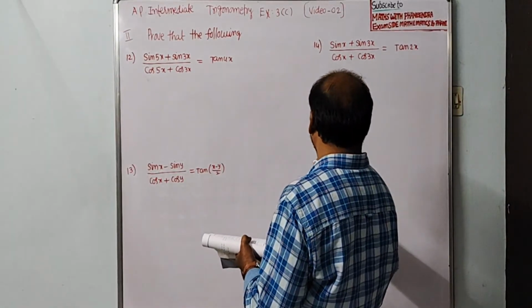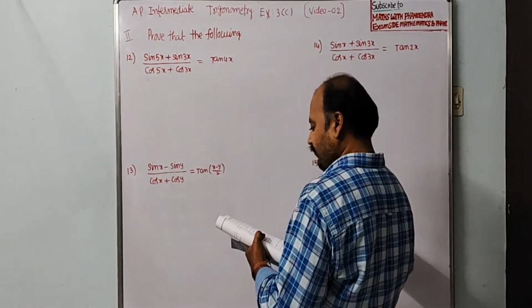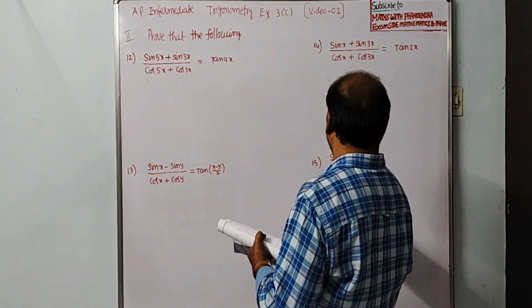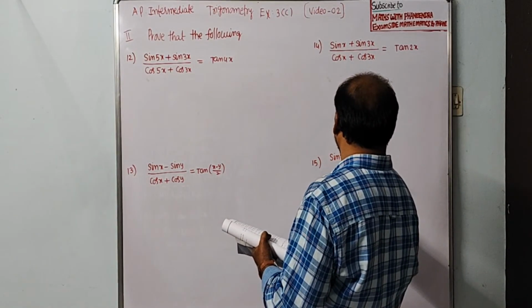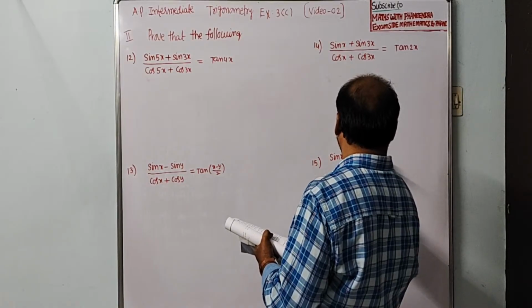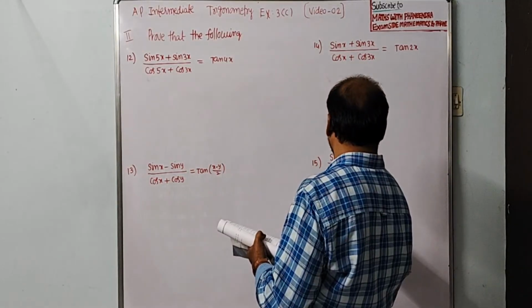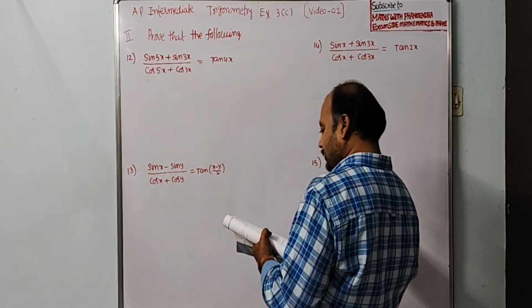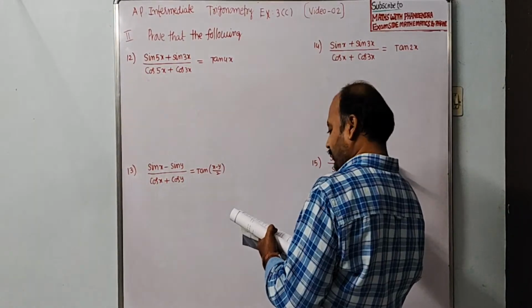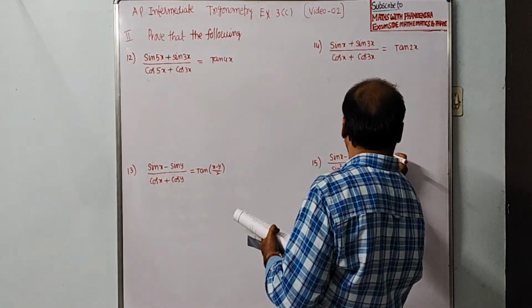Even 15 also will write it here. Sin x minus sin 3x divided by sin square x minus cos square x is equal to 2 sin x.